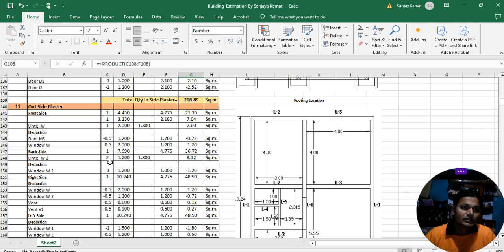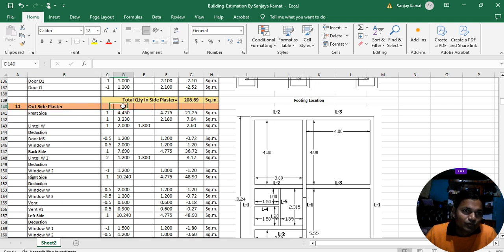Once we did the calculation for the inside plaster, now we are going to do the outside plaster. Here is a wall, and if you plaster from inside, that is called inside plaster, and if you plaster from outside, that is called outside plaster.